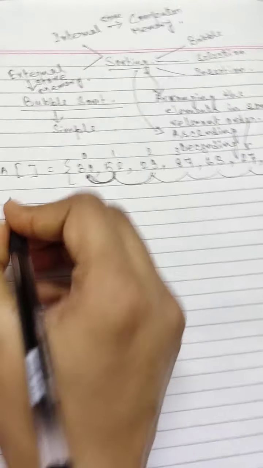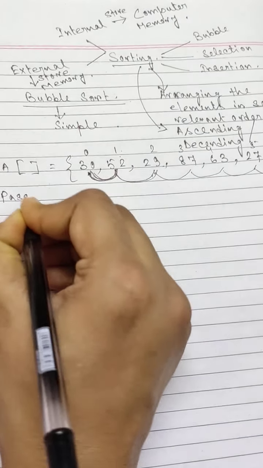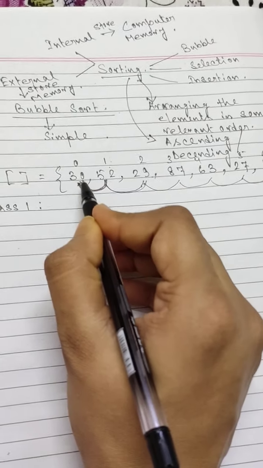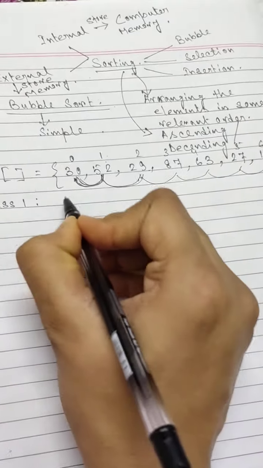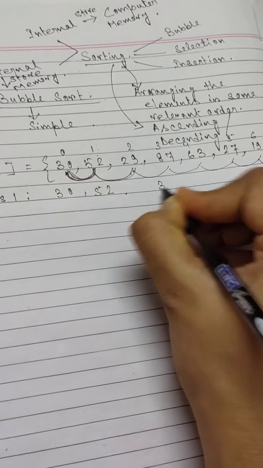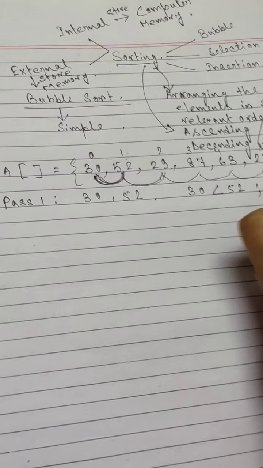So in pass 1, what will happen? We compare these two values, 30 and 52. 30 is less than 52, so no swapping.